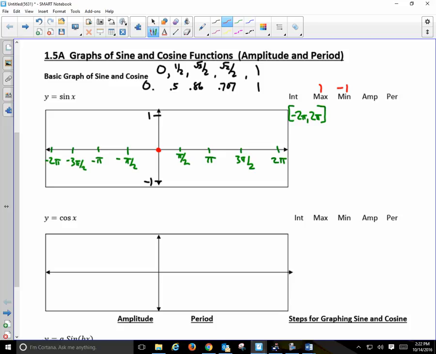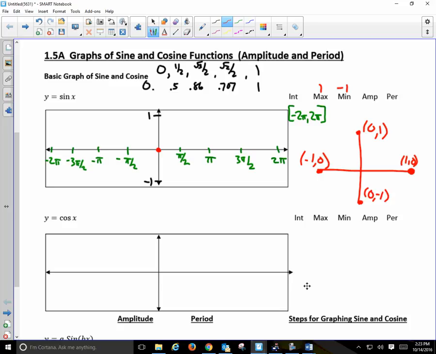What's the y value of pi over 2? The y value. What's this coordinate right here? 1, 0, right? What's this coordinate? 0, 1. What's this coordinate?